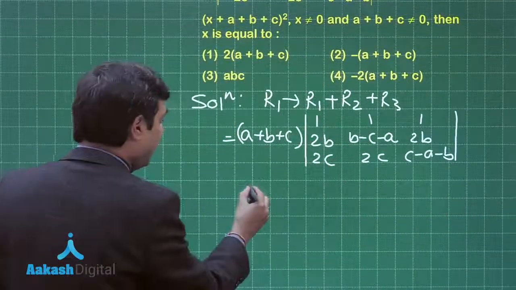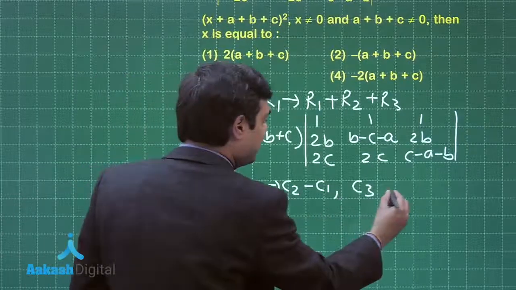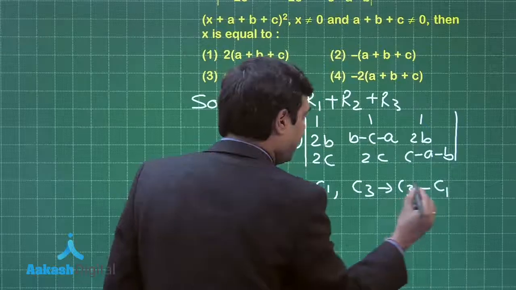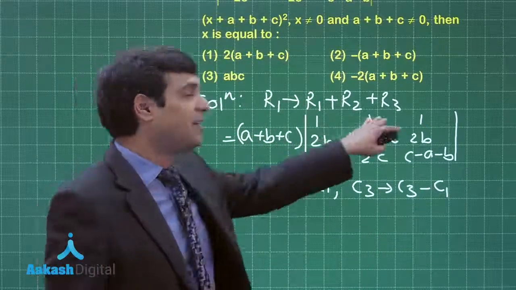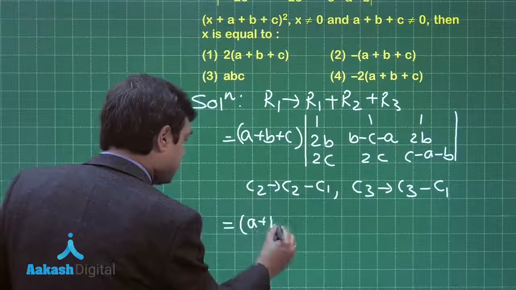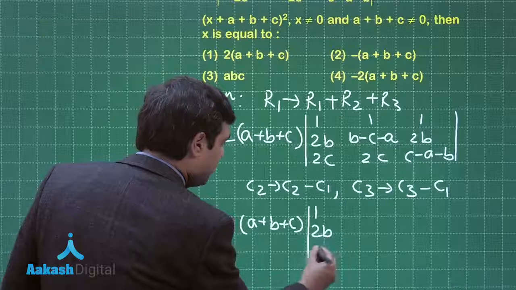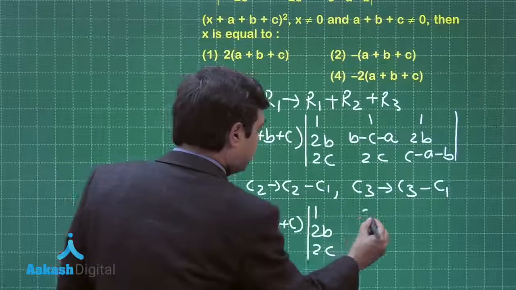Now, if I apply C2 replaced with C2 minus C1 and C3 replaced with C3 minus C1 with the objective of making these two elements 0. So, it gives us (a plus b plus c) multiplied with 1, 2b, 2c, 0.